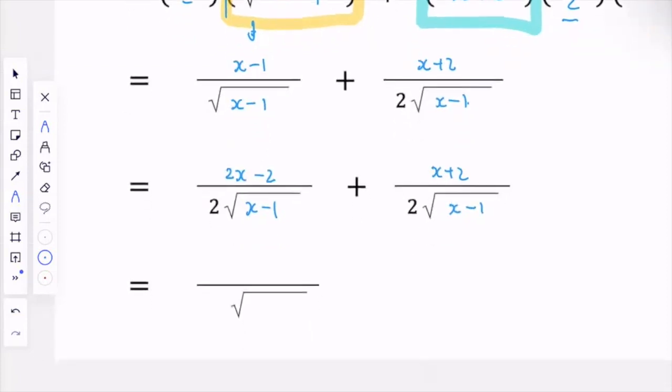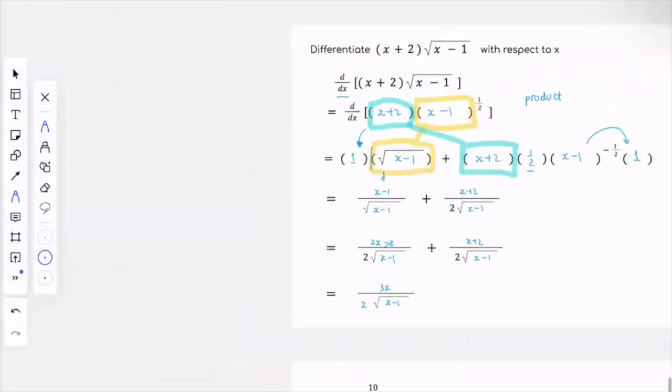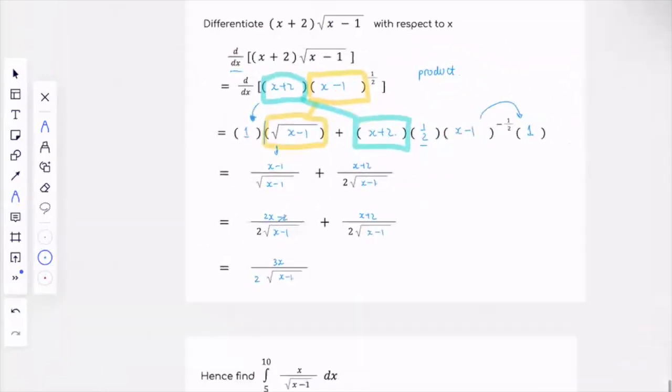Now that we already have a common denominator, we can combine them and simplify them. The plus 2 and minus 2 cancel. We get 3x. Then the denominator is 2 root x minus 1. Very simple.